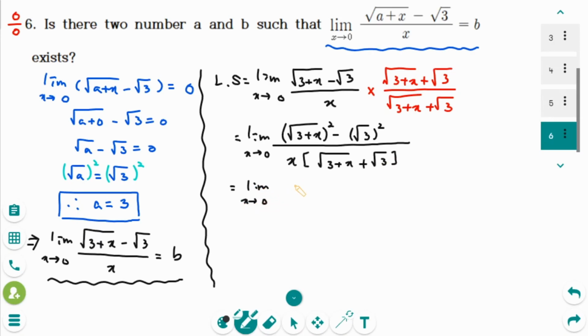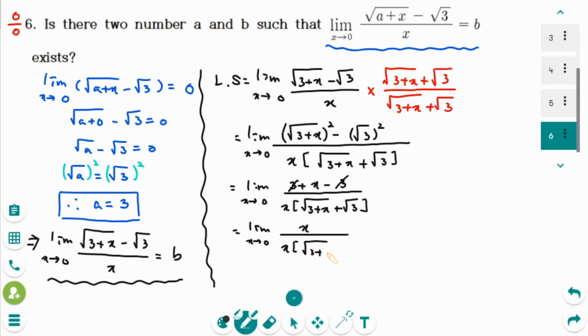And then expand: 3 plus x minus 3 over x times square root of 3 plus x plus square root of 3. You can cancel 3 and minus 3. And x over x times square root of 3 plus x plus square root of 3. Then you can cancel the common factor, which is x.